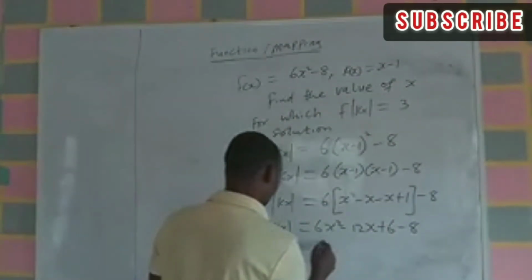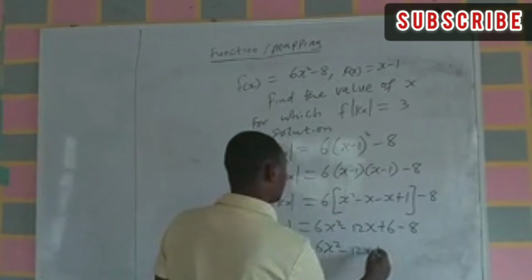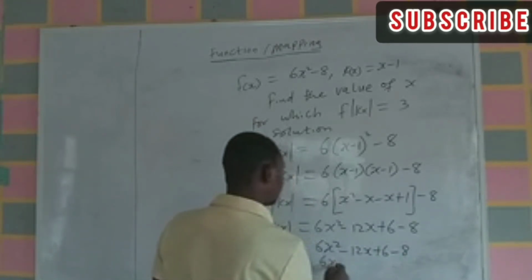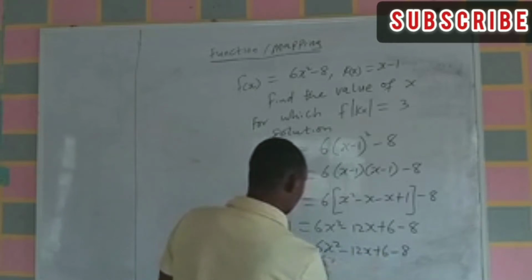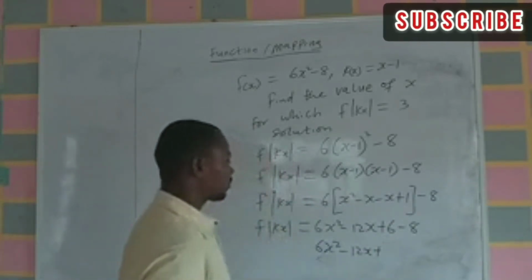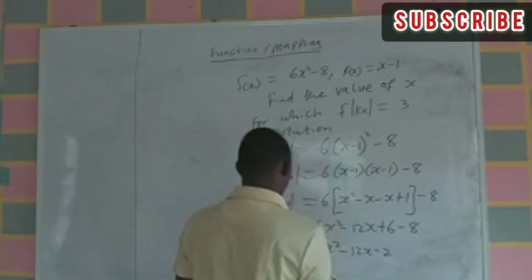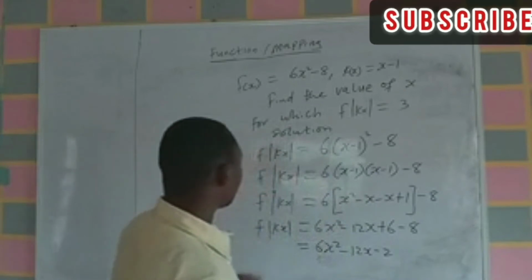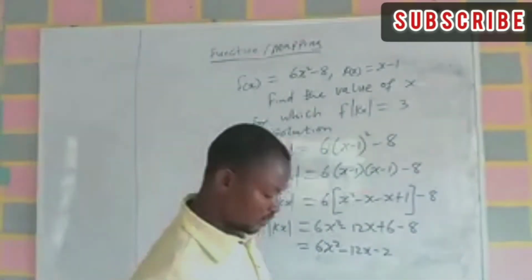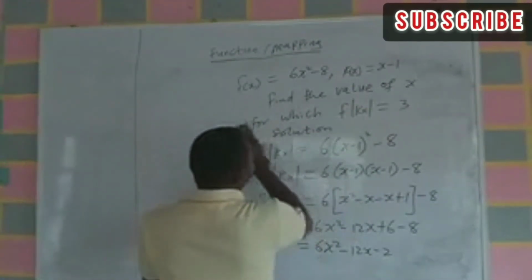So we have 6s squared minus 12s plus 6 minus 8. Let me simplify it here: 6 minus 8 will give us minus 2. Then we are told that f of k of s equals 3. So let's substitute for 3 and now look for s.